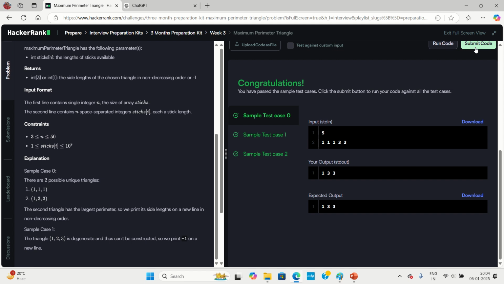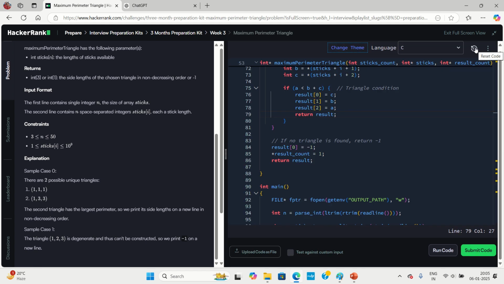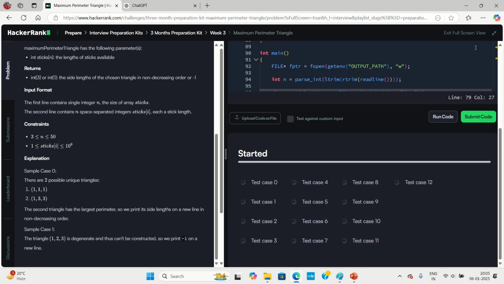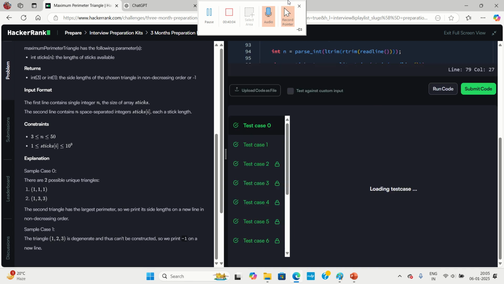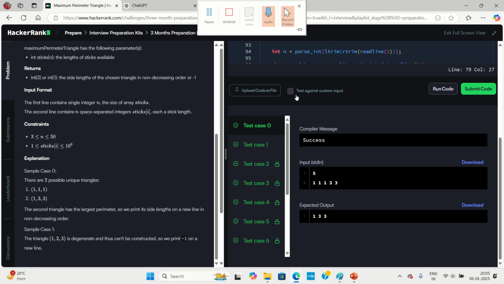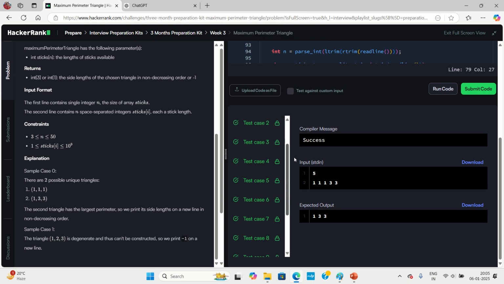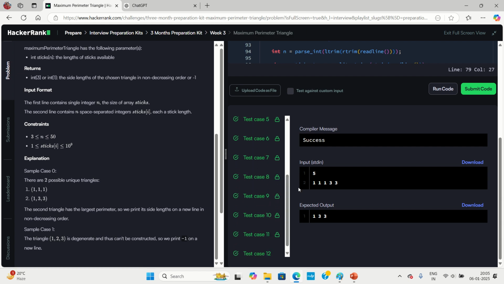Let us check it with the test cases. Yeah. So it processed successfully with all the test cases. So this is how we could actually reach the final result.